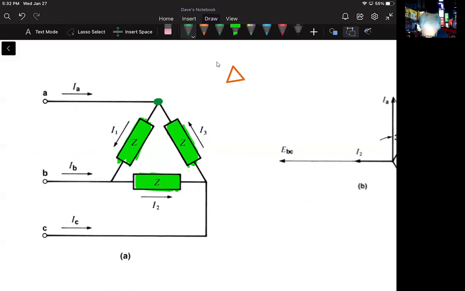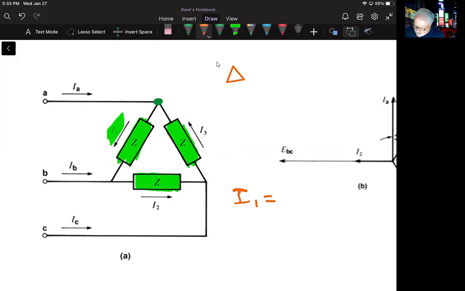I'm going to do it a little differently than he does. If I looked at this first one, I1 is going to be equal to the sum of the currents entering the node, the sum of the currents exiting the node.